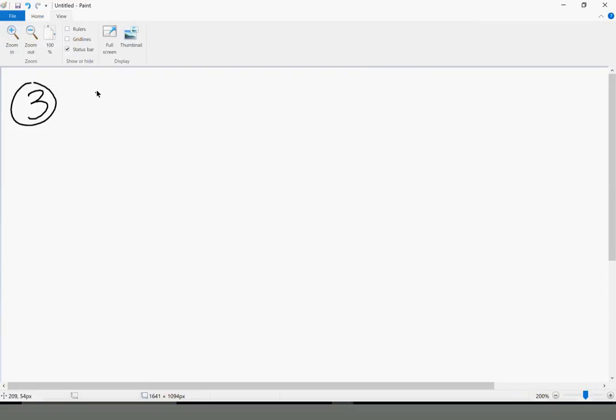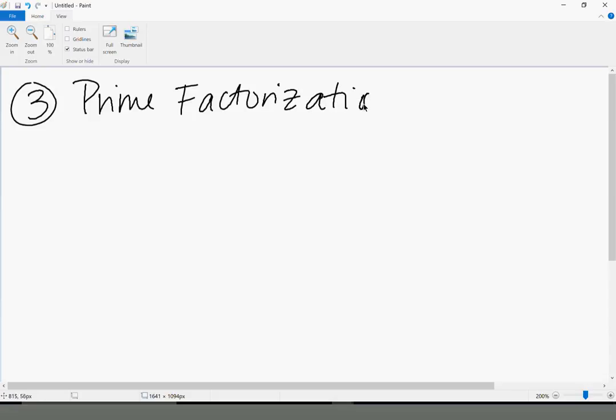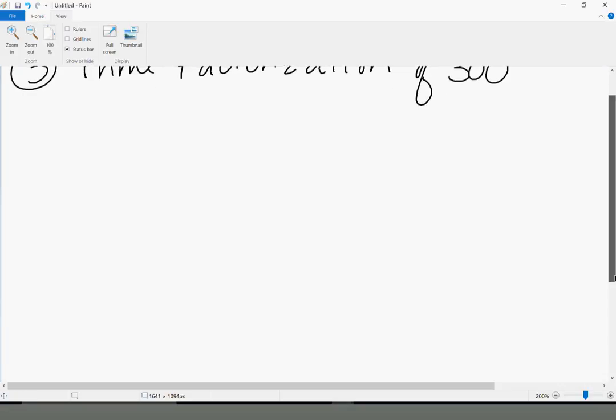Number 3. Determine the prime factorization of 300. For something like this, I'm going to use a factor tree.